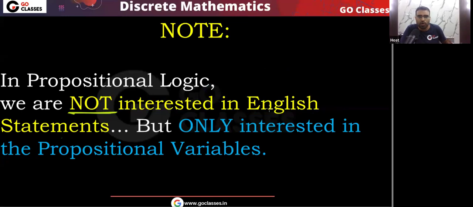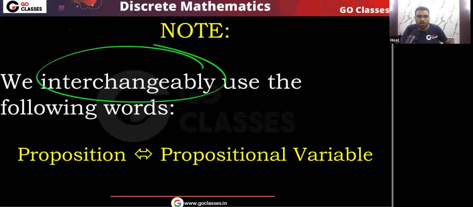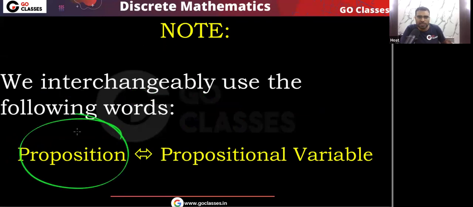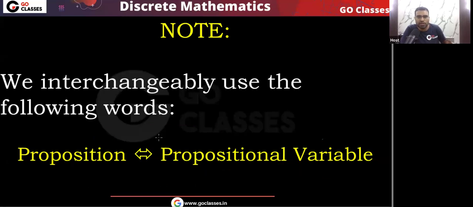We only care about propositional variables. We will use these two words, proposition and propositional variable, interchangeably, because every proposition is represented by a propositional variable.